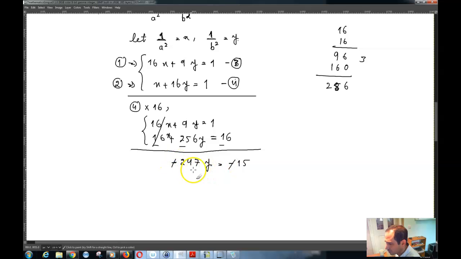These two negatives you can cancel out, so y is equal to 15 over 247.